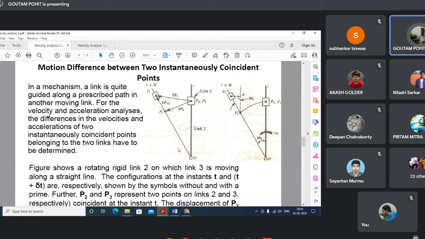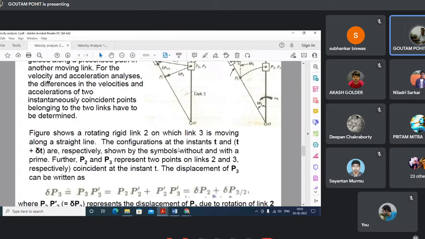Now at a later instant t plus delta t, what will be the positions? Link 2 has come here and link 3 has come here. So there is a displacement actually. Del P2 is the displacement, and del P3 is from here to here, the point 3. Point P3 has come to P3 dash.